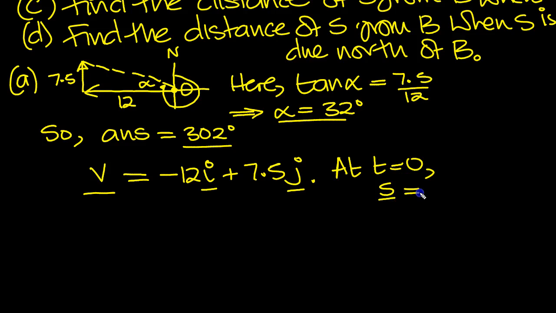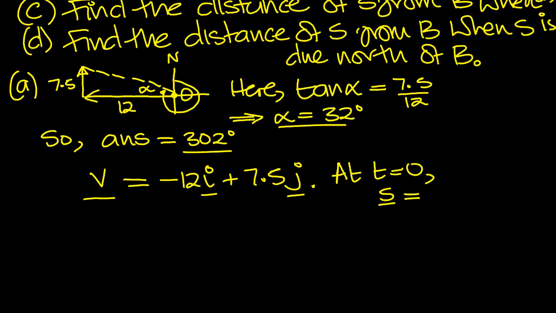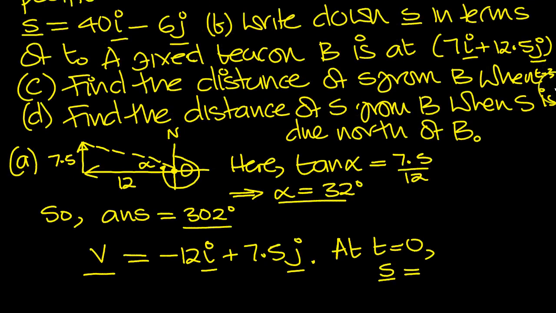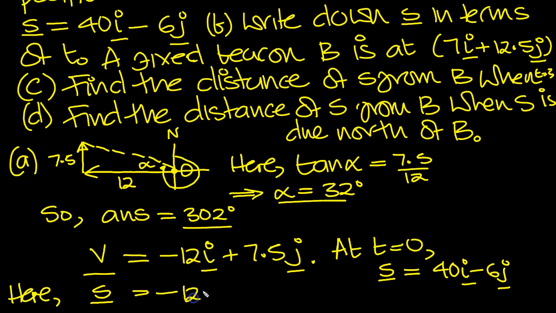The position vector s at t equals 0 is 40i minus 6j. Okay, so let's integrate to get the position vector. So here, s, integrate this with respect to t: minus 12t i plus 7.5t j plus our constant of integration vector.